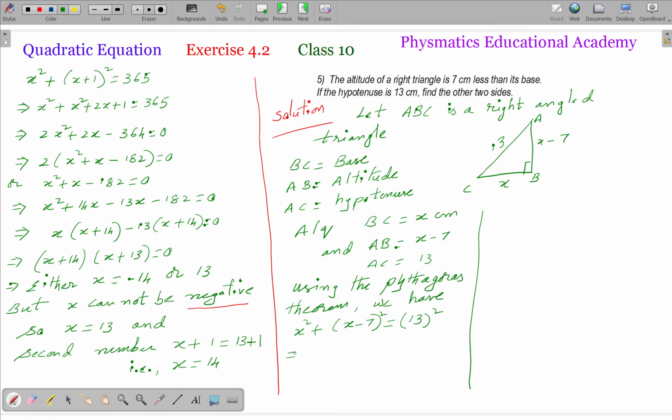Then further simplification: x square plus x square minus 14x plus 49 is equal to 169.